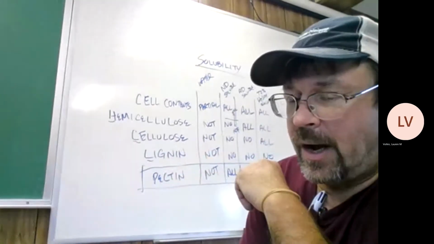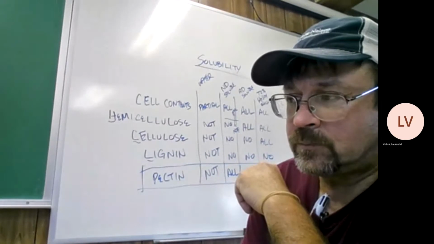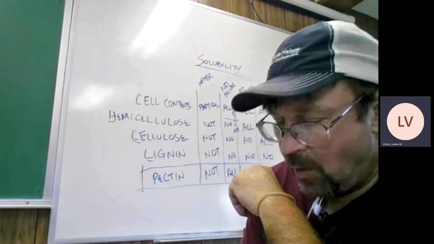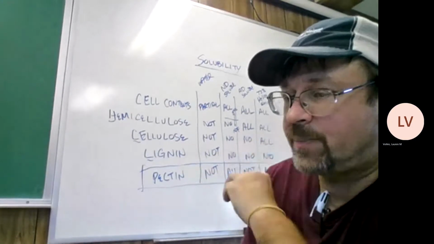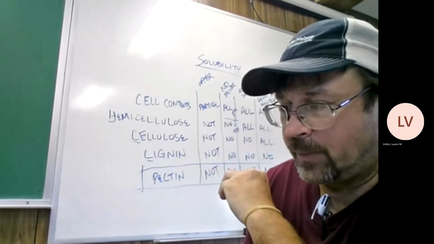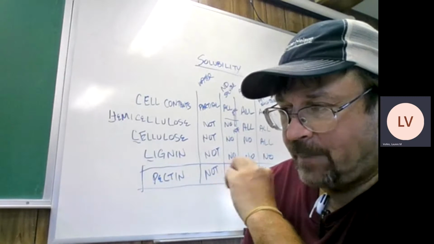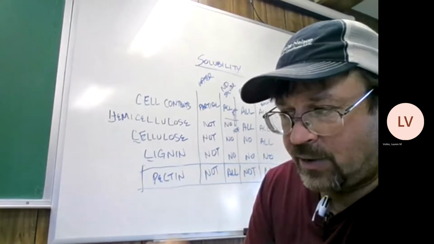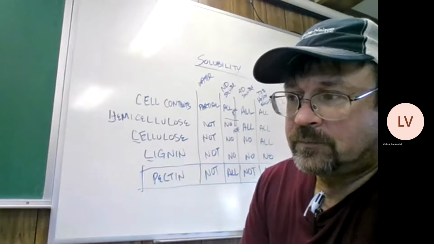So in the rumen, is there any oxygen? No. So we can't do respiration in the rumen. We can't burn all the way to CO2 and water and extract all the energy out of it.